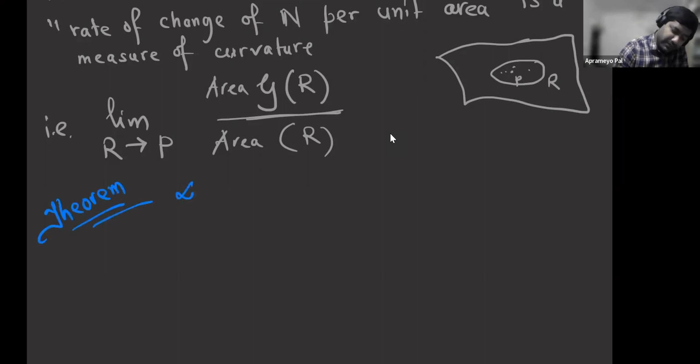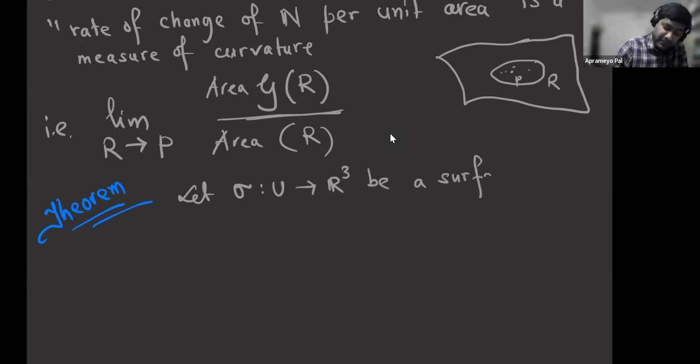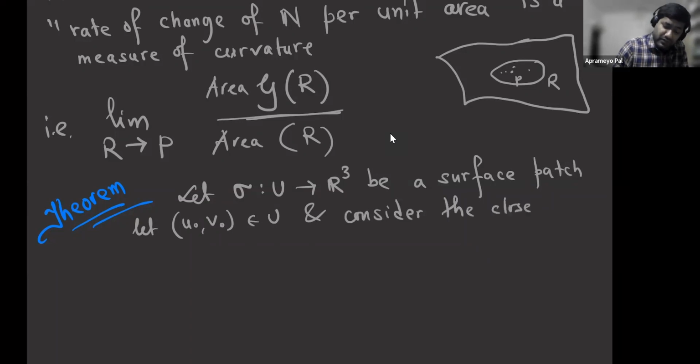Let sigma: U to R3 be a surface patch, and let (u0, v0) in U and consider the closed disk, for delta greater than 0.